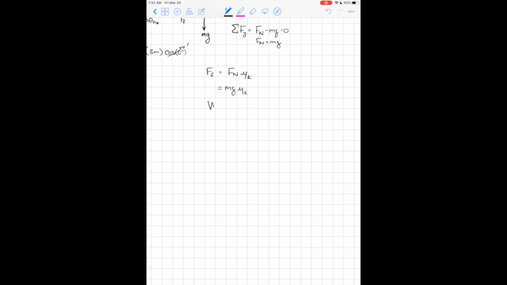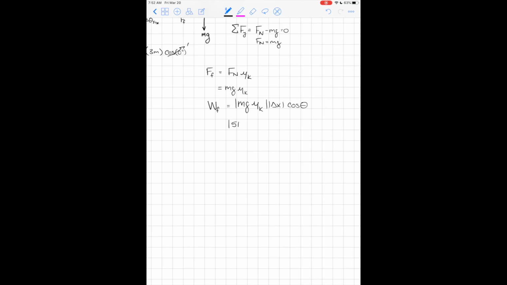So if I'm thinking about the work done by friction, I have mg mu k, I have delta x, and I have cosine of the angle between them.